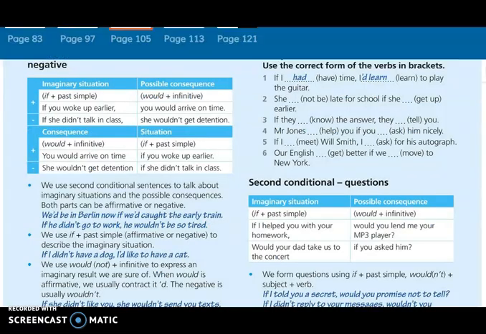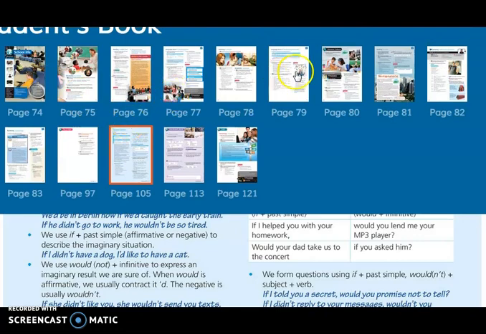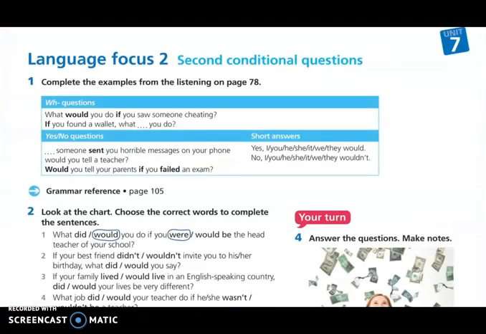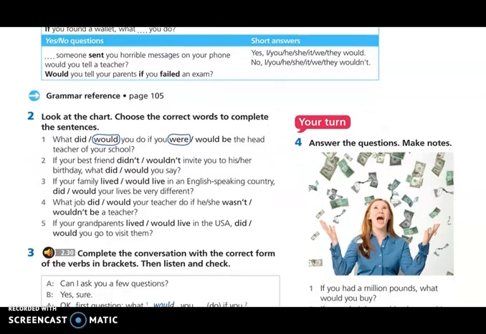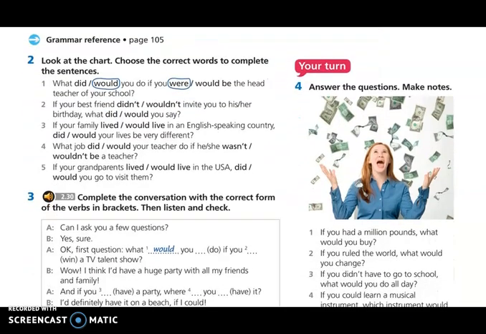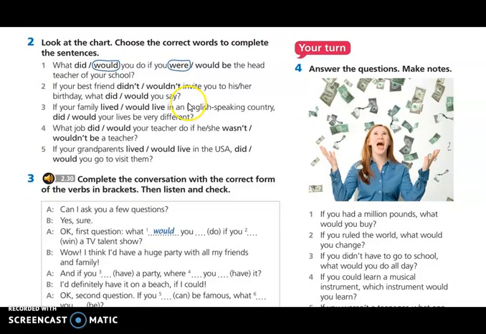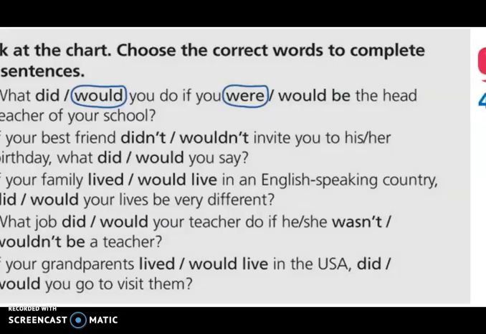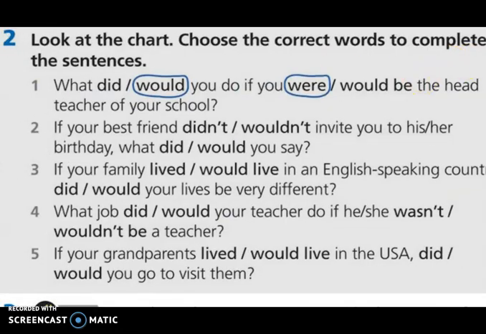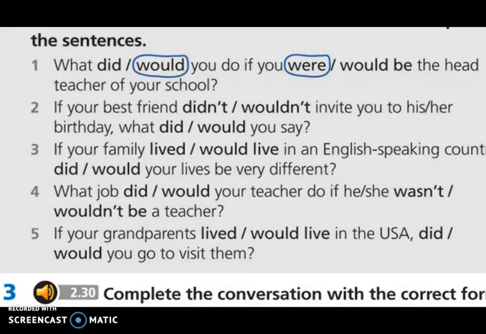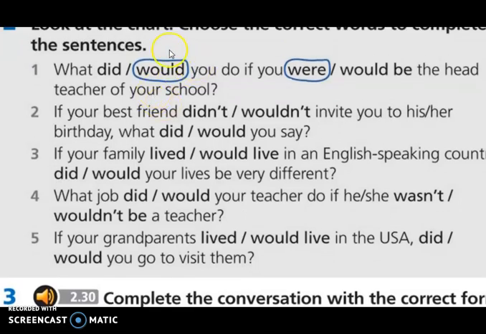Now, please move back to page 79. Let's start with exercise number 2. Look at the chart. Choose the correct words to complete the sentences. As you can see, all of these sentences are questions, so we have to choose the correct word. What would you do? We can't ask by did, so we must choose would.